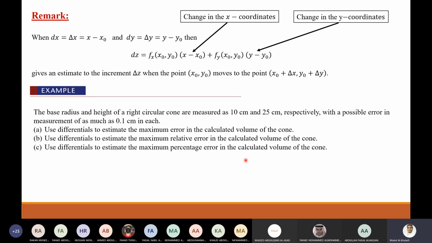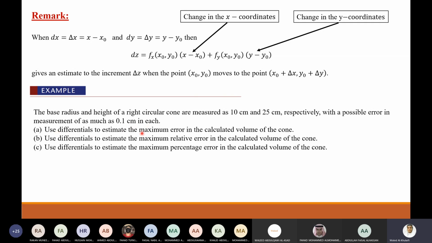The same idea goes for this one. Can solve problems related to the error. Related to the error here. I remember we talked about this just a few moments ago. The base radius and height of a right circular cone are measured as 10 centimeter and 25 centimeter respectively, with a possible error in measurement of as much as 0.1 centimeter in each.